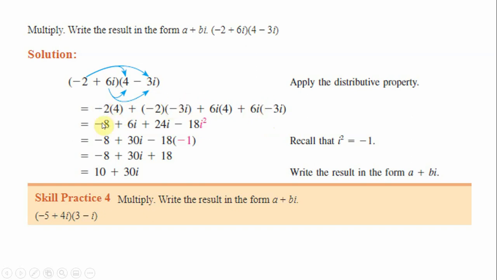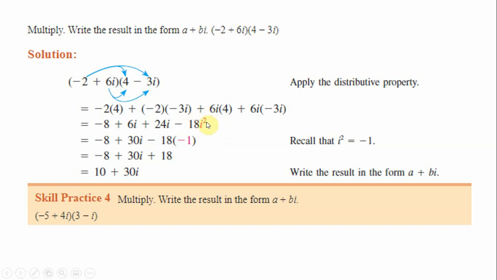The negative 2 times 4 is negative 8, plus 6i. 4 times 6 is 24i. And here, negative 3 times 6 is negative 18, but I've got an i times an i, which gives me i squared. So this is the result of the multiplication, but we can simplify one step further, and we always want to do this.